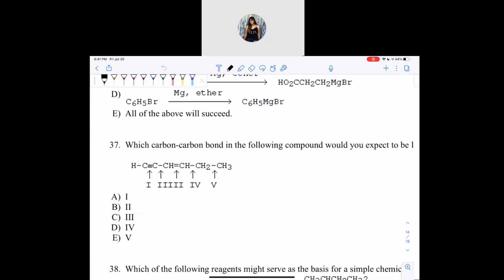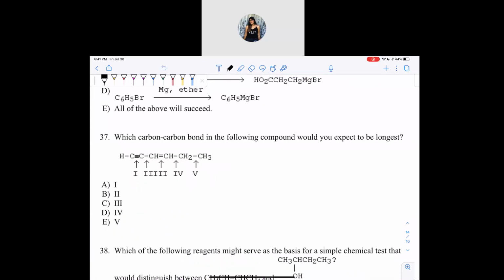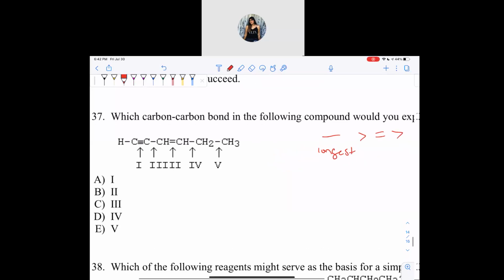Okay, this one is a weird one. It does usually end up on the exam. Which carbon bond would you expect to be the longest? We know that single bonds are the longest bonds and triple bonds are the shortest. So the longest bond is going to be the single bond that's furthest away from any triple bonds.